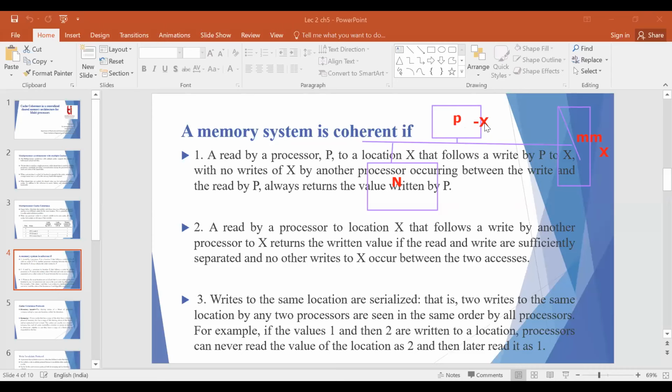Then if there is no other read or write between these two accesses, the latest updated value should be returned whenever X is read by any other processor. And one more thing it says is that writes to the same location are always serialized. That is, two writes to the same location by any processors are seen in the same order by any other processor. Now, suppose we had one more processor here in the system.